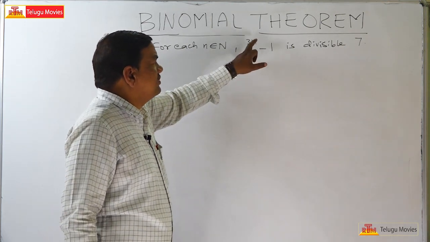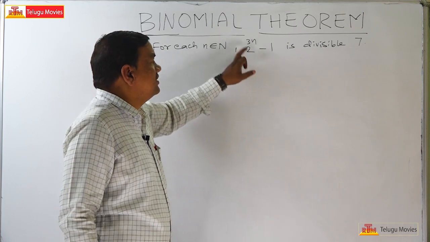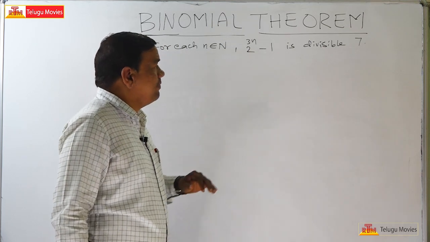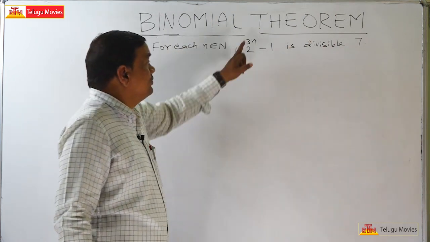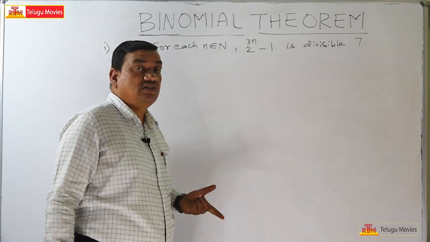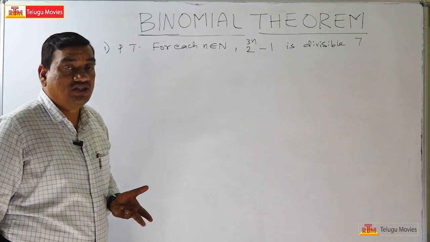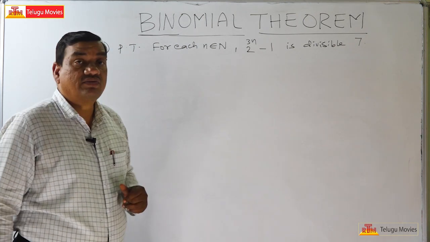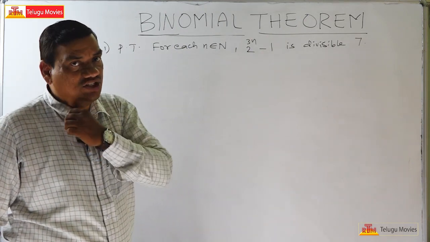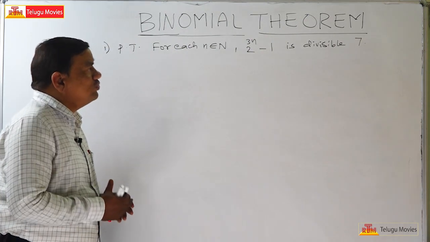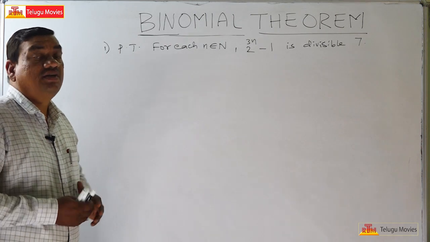If you substitute n is equal to 1, that is 2 cube, 8, 8 minus 1 is 7, and 7 is divisible by 7. If you substitute n is equal to 2, 2 to the power of 6 is 64, 64 minus 1 is 63, and 63 is divisible by 7, that is 7 nines are 63. How to prove this theorem in a general method?